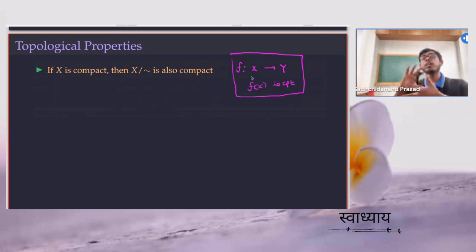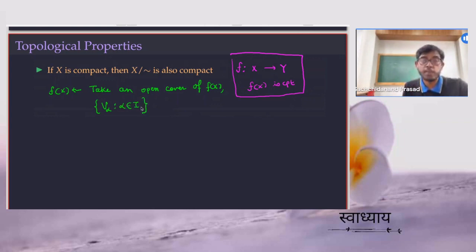I will take an open cover of f of X, naming it V alpha, such that alpha is in some index set.